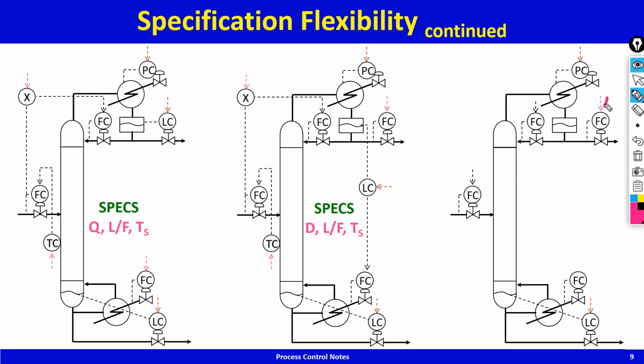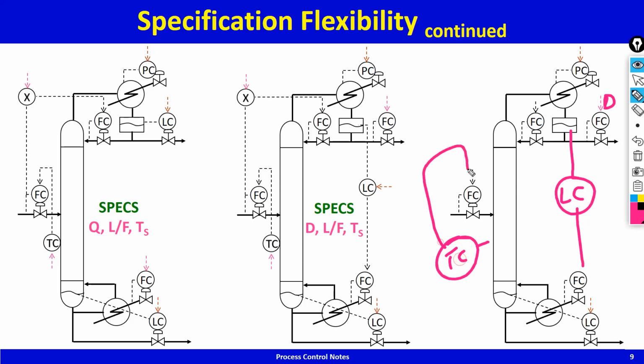So that's going to be this guy, and then I'm going to maintain reflux rate in ratio with the distillate rate, and therefore the only dynamically reasonable way of controlling level in the top is this way. And what that does is it leaves the temperature controller as the only option for temperature control, and I think that's what we show here. Yeah, that's exactly what is shown here.